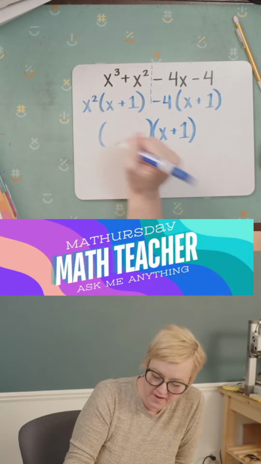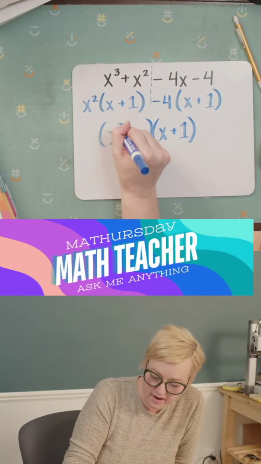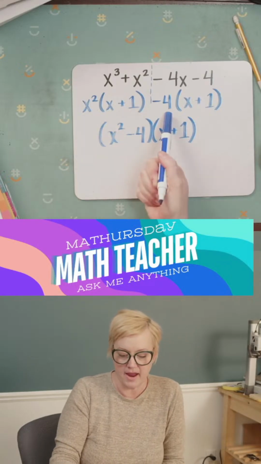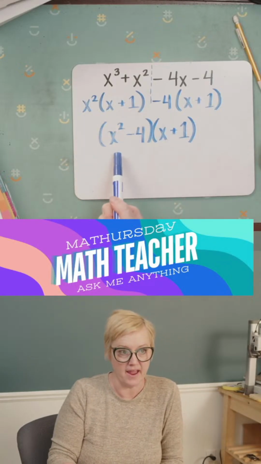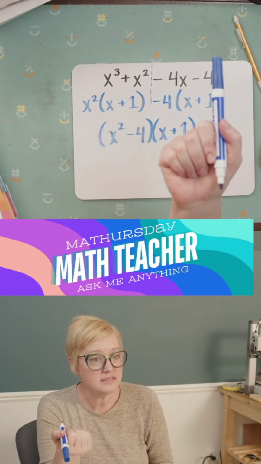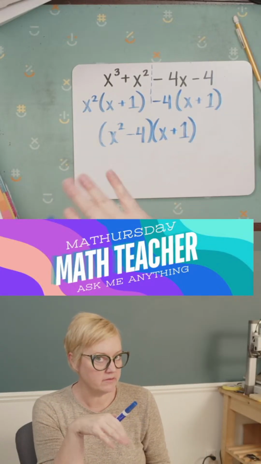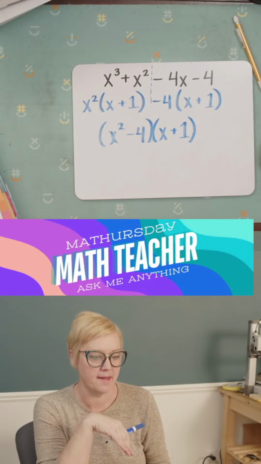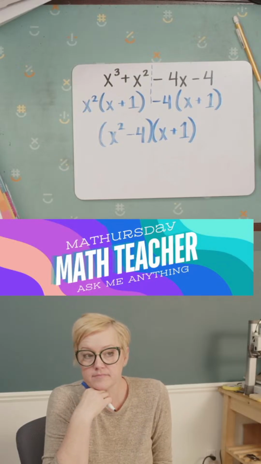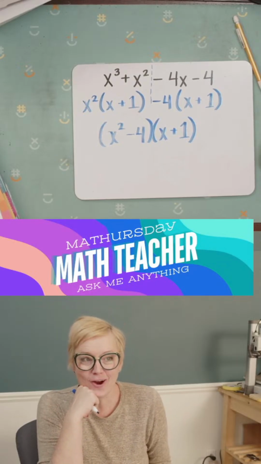Okay, your other factor is x squared minus 4. So x squared minus 4, that's one factor, and then x plus 1 and x plus 1. So if they're not, double check that you pulled out the GCF for sure from both of them. And if it's not, then you can't factor it. Okay? All right, are we done yet?